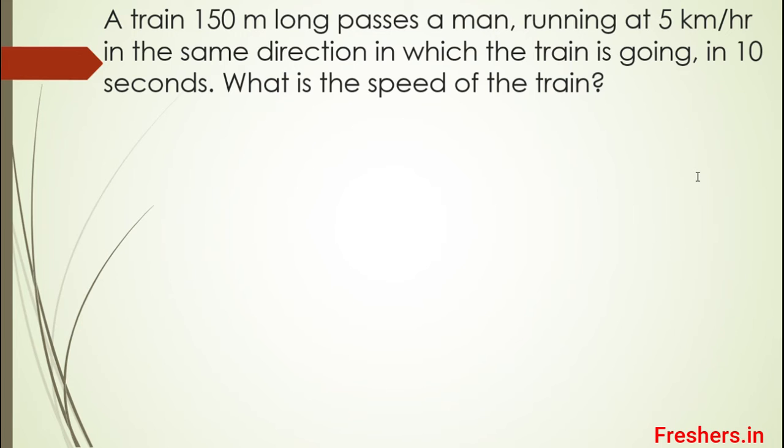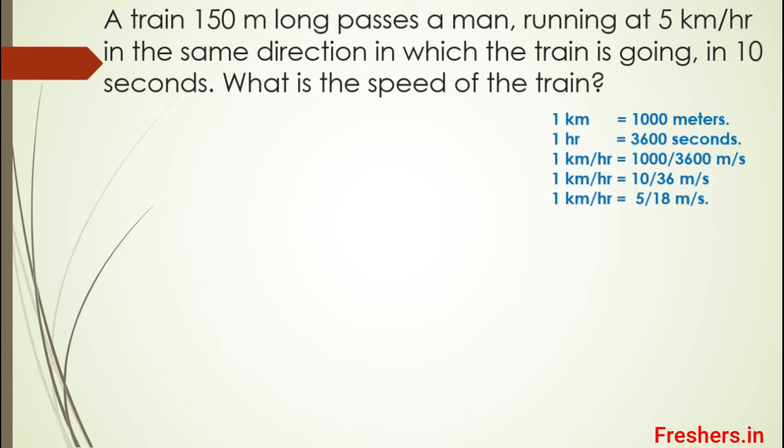As both man and the train are moving, the relative motion concept comes into picture, and the relative speed is equal to length of the train divided by the time taken by the train to cross the man who is in motion. Just like the previous example, 1 kilometer equal to 1000 meter, 1 hour equal to 3600 second.